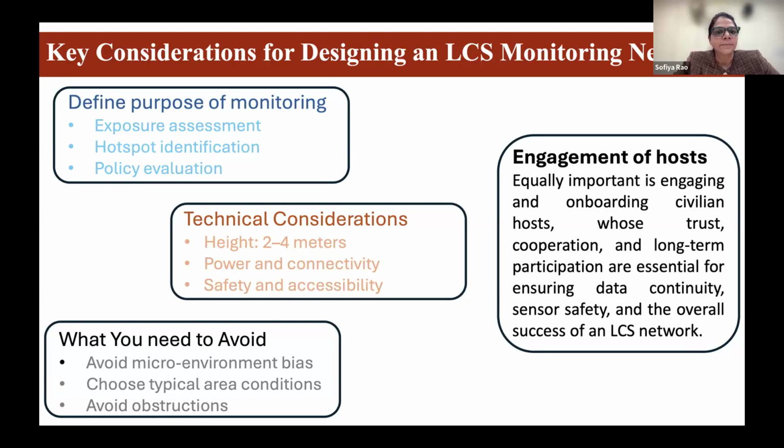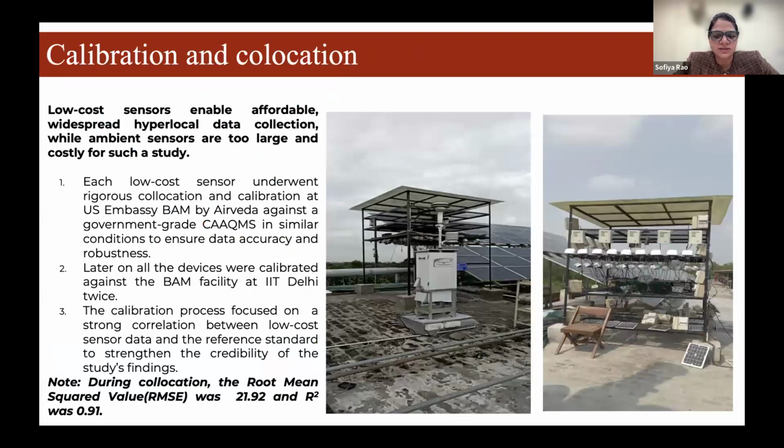So this is one slide on which I want to show that we have a good calibration collocation facility. We make sure that all the sensors going to the field are first set up at the collocation test bed, and that R square is greater than 90%.